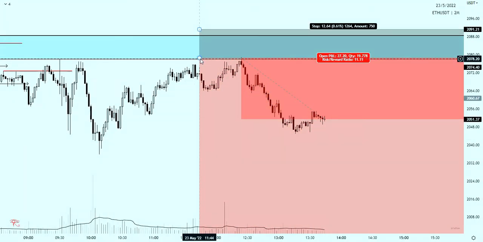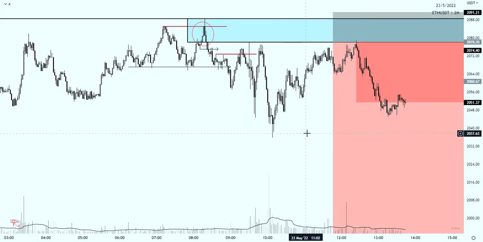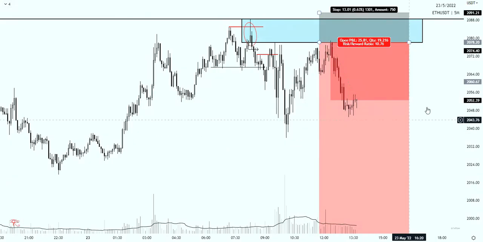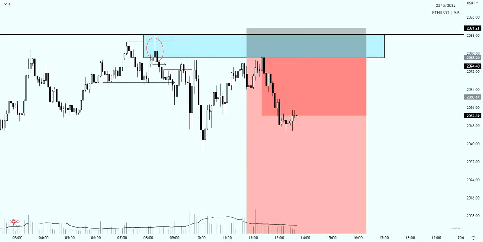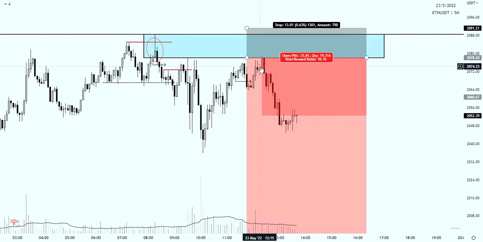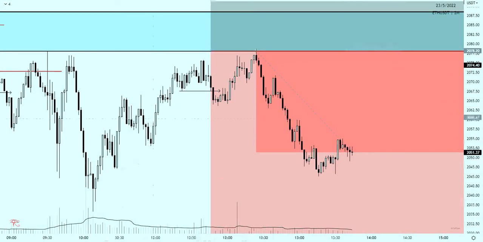Same exact scenario right here. So this is where I'll show you that confirmation to where you can get into it at the very end, right? So we waited for the 5-minute break of structure. 5 minutes starts to show that it's breaking structure right here. This displacement candle is put in. I need a 2-minute lower high to now confirm this. What happens?